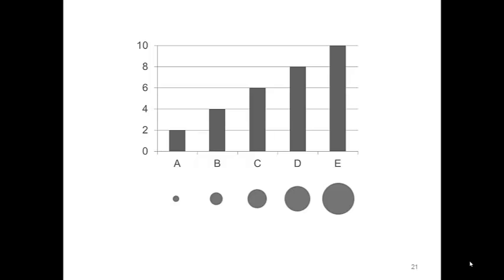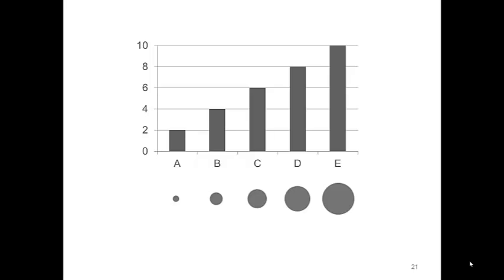Cool. Here we've got this graph which shows these categories, A, B, C, D, E. When it's a bar chart, you can see very easily what the values are. Relative to each other, you can see that E is bigger than D and so on.